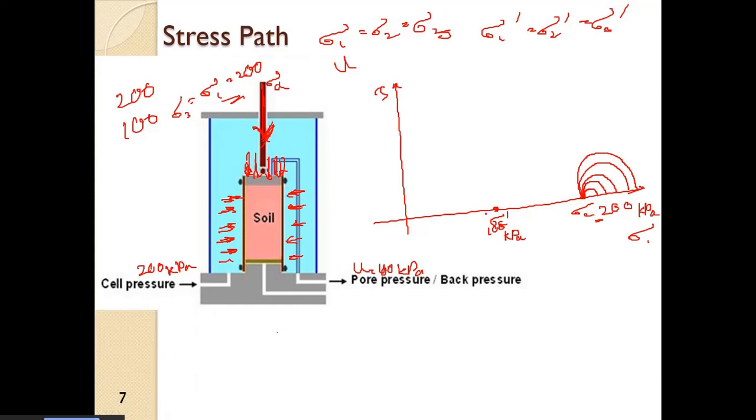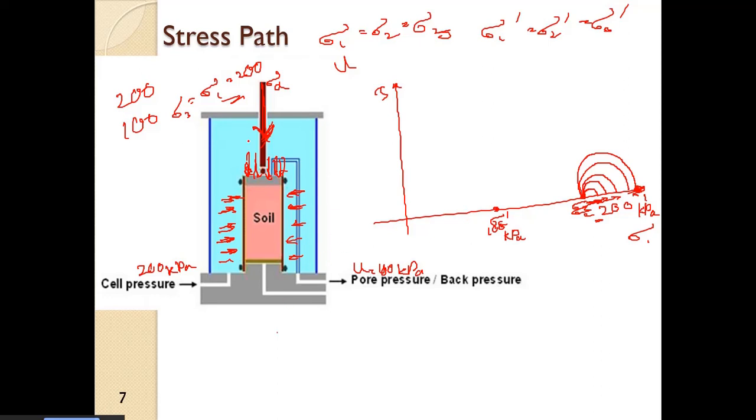Sigma c is at 200 kPa. And then when we apply sigma d, initially it is this amount, then this amount and this amount, and ultimately it will go on adding. This is sigma 1 and this is sigma 3 total, all right. So this is the total stress.